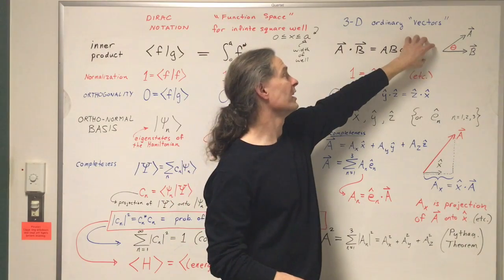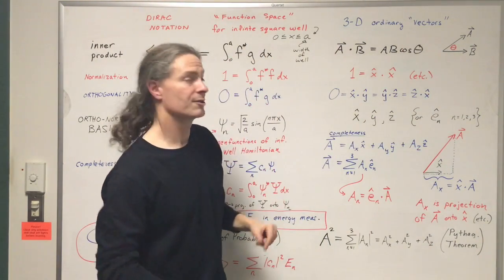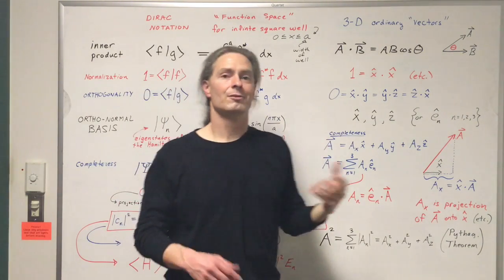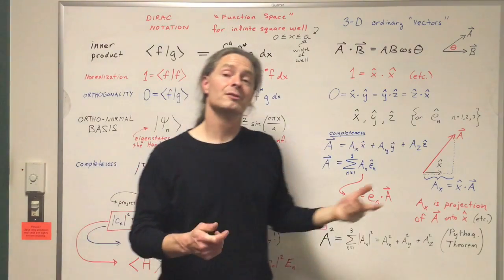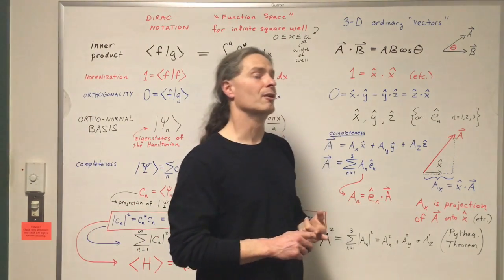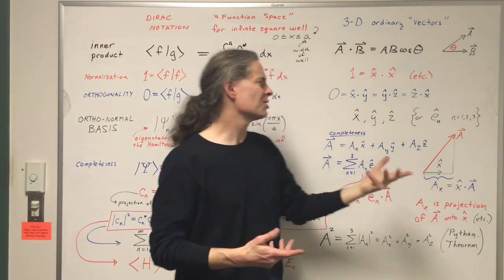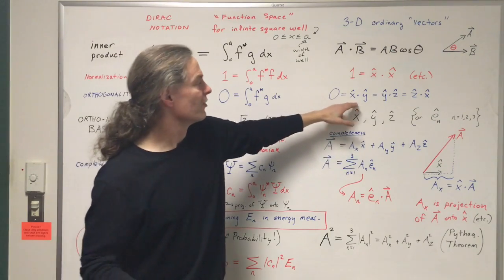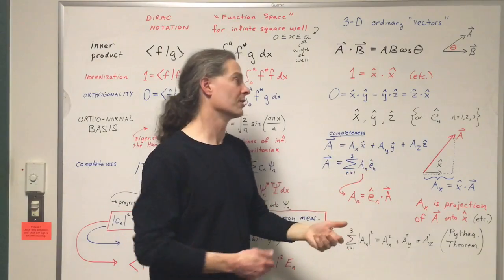When you put the 90-degree angle here and use the formula, you get 0 for the dot product. So we could say that in three-dimensional ordinary vector space, two vectors are orthogonal if their dot product is 0. But dot product is an example of an inner product. So let's use that language. If the inner product of two vectors is 0, those two vectors are orthogonal.